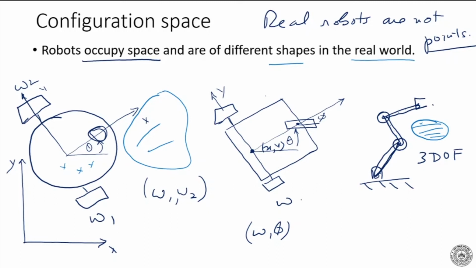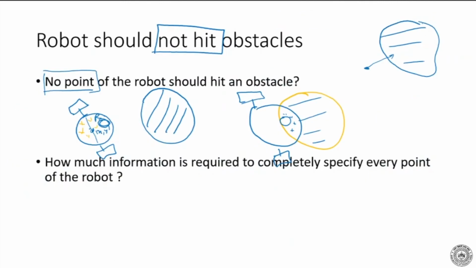So, how much information is required to completely specify every point of the robot? Because we are saying that no point of the robot should be inside the obstacle. So what information is required to completely specify every point of the robot? If we can do that, then we can ensure that no point is inside the obstacle.